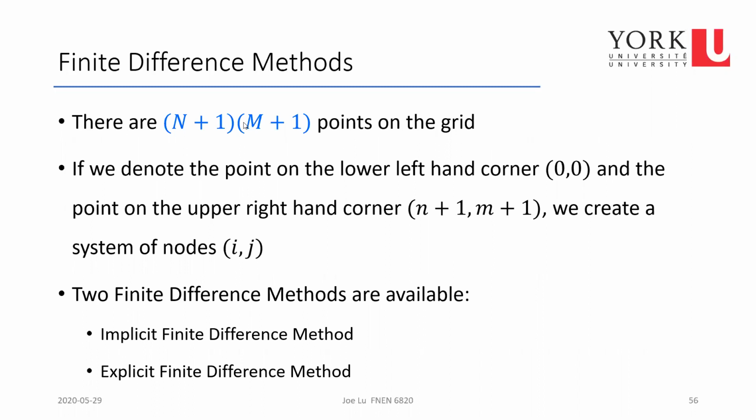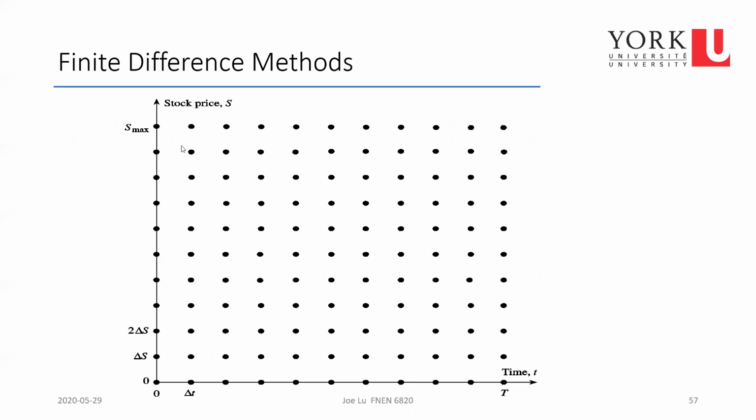So if you look at the grid, there are actually n plus 1 times m plus 1 points here. You can sort of draw a grid like this. So this is delta S, 2 delta S, all the way to S max. And then delta T, 2 delta T, all the way to the maturity time here. This here is what the realized prices are at maturity, okay?